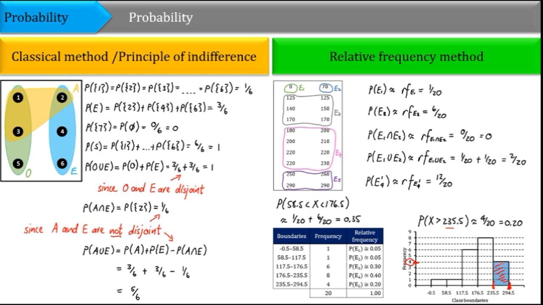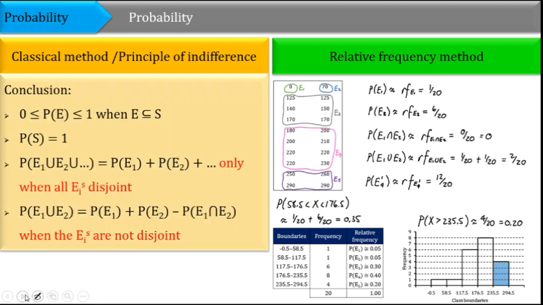And I said in an earlier section that we consider the area as being the probability. So we're estimating the probability in this case with the relative frequency. And just to remind you that x over there refers to the entire data set. This x over here as well, I used it to refer to the entire data set.